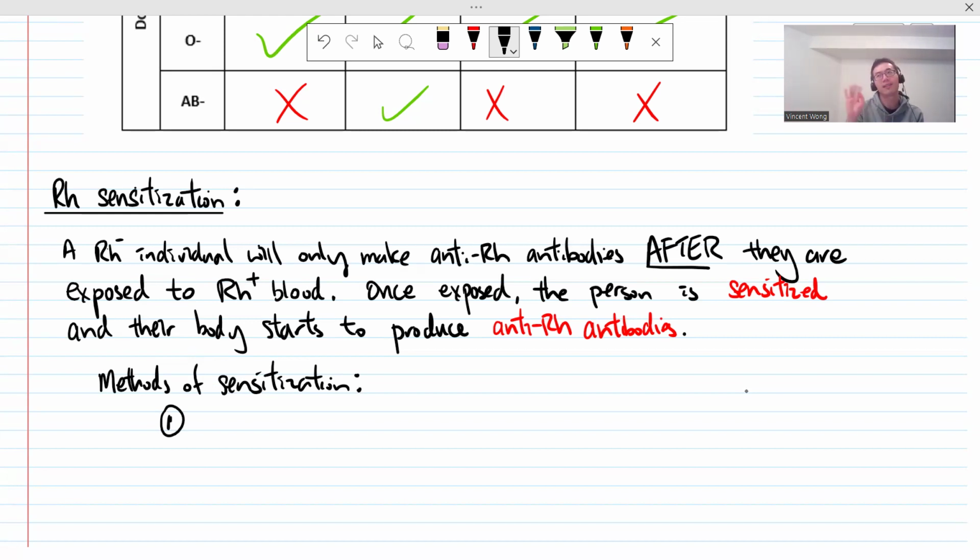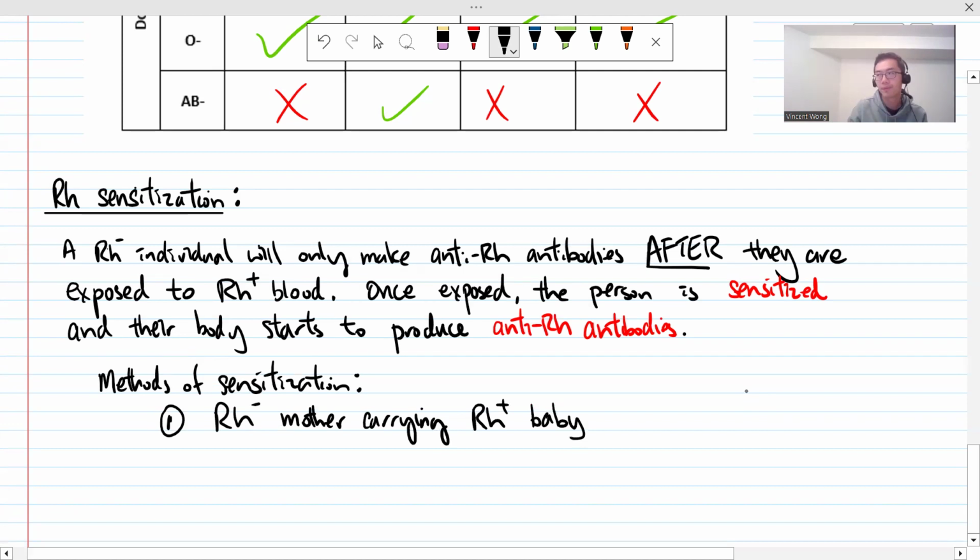Don't think too hard, just normal things. A fetus with her mom or his mom. Oh, okay, yeah. So an Rh negative mother carrying an Rh positive baby. That's possible. And I'll explain more on how that can happen.